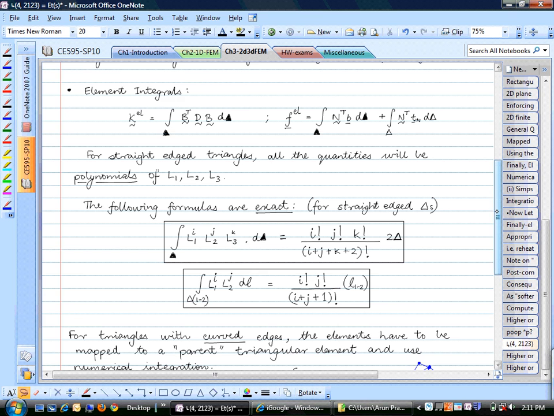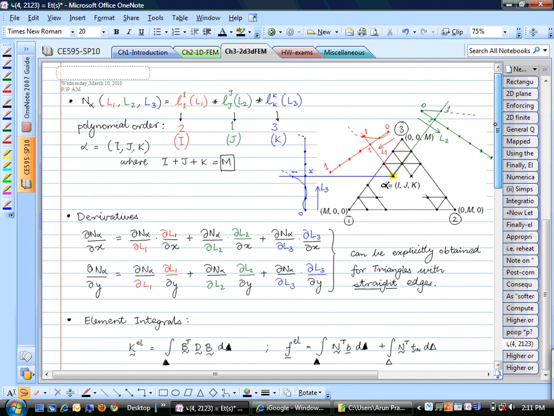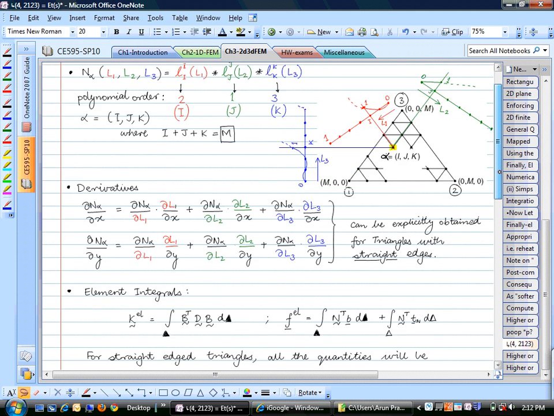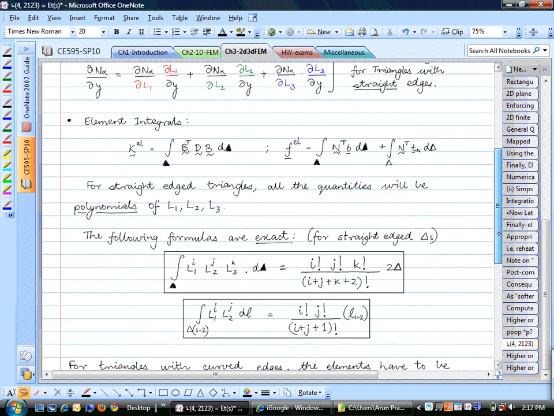So if you go back to this equation right here, this will be a polynomial in L1, L2, L3. You multiply that out, you will get a big polynomial where each of the terms would be something like this. So to calculate the total integral, this is an exact formula where this is I factorial, J factorial, K factorial over all this times 2 delta.